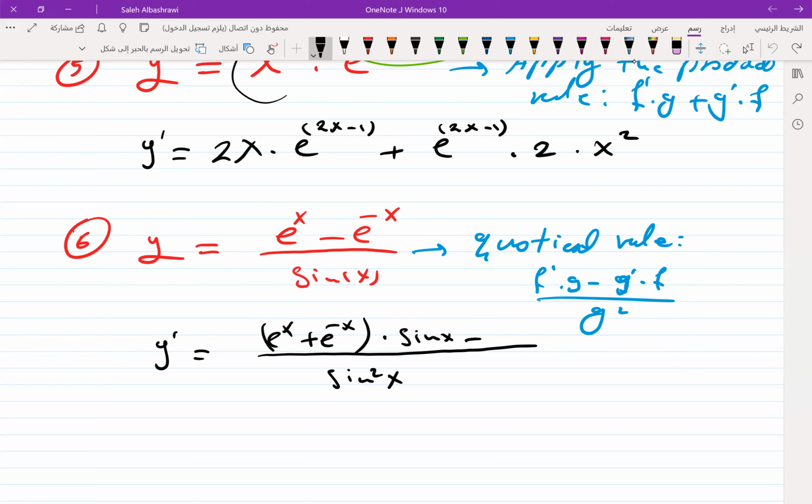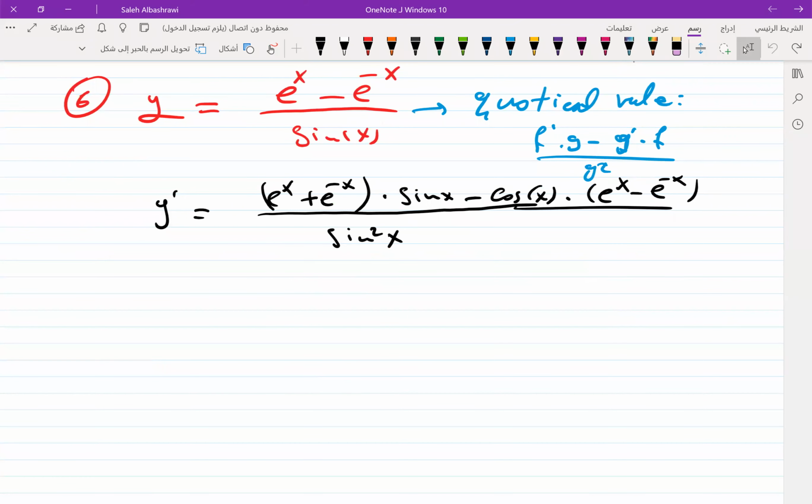Now derivative of the denominator, that will be derivative of sine is cosine x multiplied by the numerator, which is e to power x minus e to power minus x. So this is the derivative using the quotient rule.